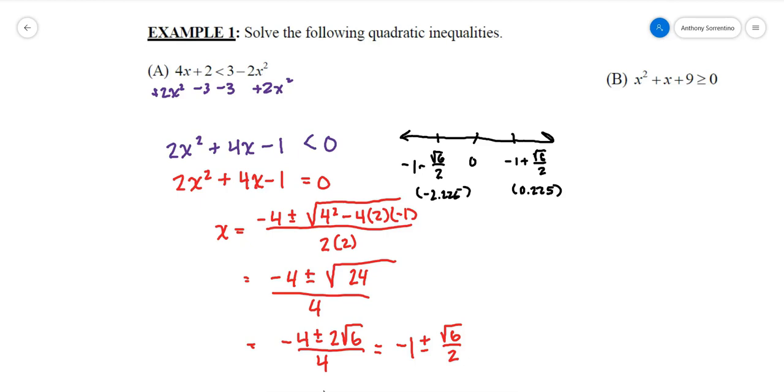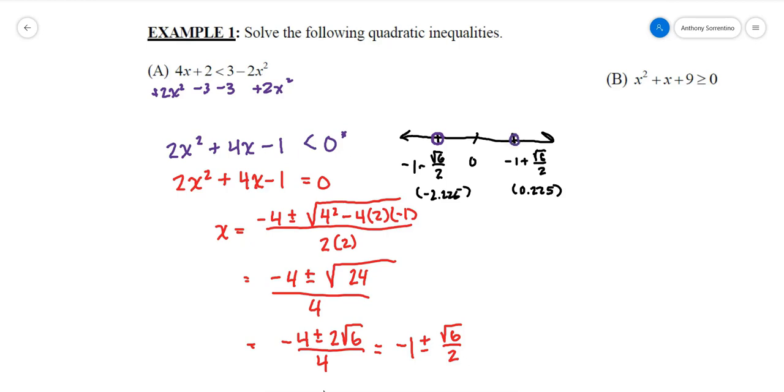I want to keep note of that because I want to know what numbers to be using, because what I want to do now is pick some numbers from the three regions I have, because right now I have this as an open dot here, because remember, this value is going to make the left-hand side equal 0. I don't want to equal 0. I want to be less than 0.